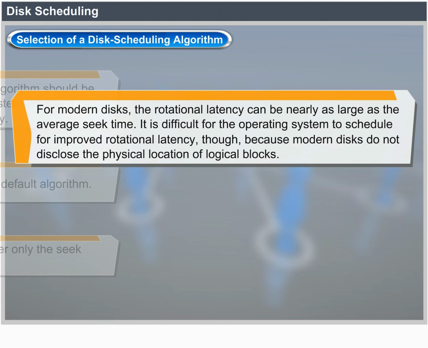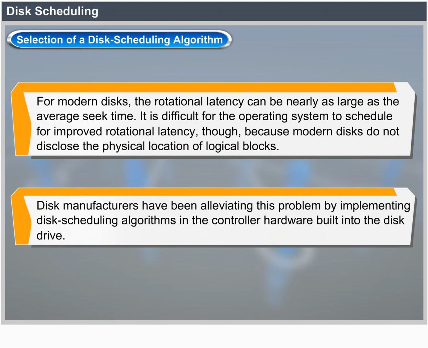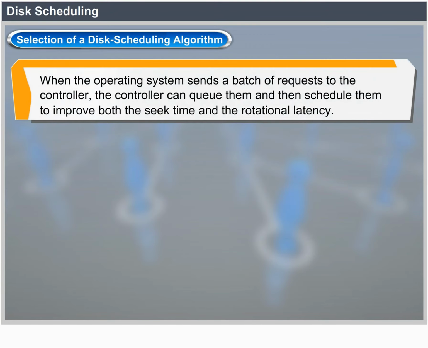Disk manufacturers have been alleviating this problem by implementing disk scheduling algorithms in the controller hardware built into the disk drive. If the operating system sends a batch of requests, the controller can queue them and then schedule them to improve both the seek time and the rotational latency.